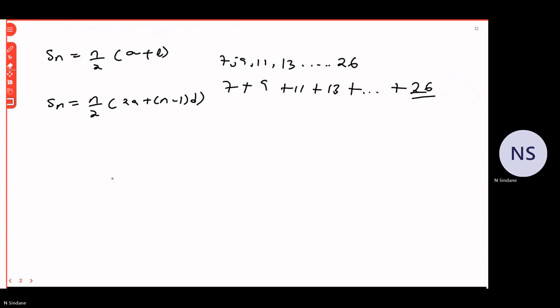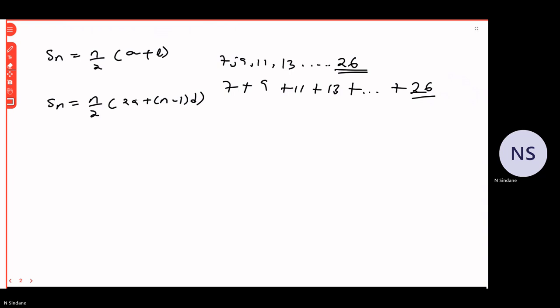If you have the value of a, you have the value of n, and you can calculate the difference, it's easy to use this one. For the other one, you just need to be given the last term, always. And for this one, they need to tell you, calculate the sum of the first 10 terms, that is the value of n. Then you can calculate the value of a and the value of d if you have the sequence.